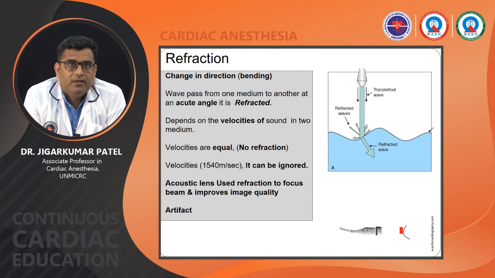In the human body, the average velocity is around 1540 meters per second, so it is not important and can be ignored. But this refraction property is used by the acoustic lens to focus the beam and improve image quality. Similarly, this refraction will cause artifact in the lower part of the image.